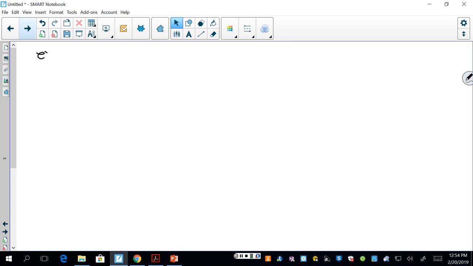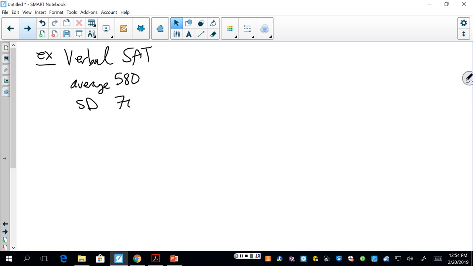Just to emphasize a point, say you're looking at verbal SAT scores, and I tell you the average is 580, and the standard deviation is 70. Assuming that it's normally distributed, can you draw the shape of the probability distribution?